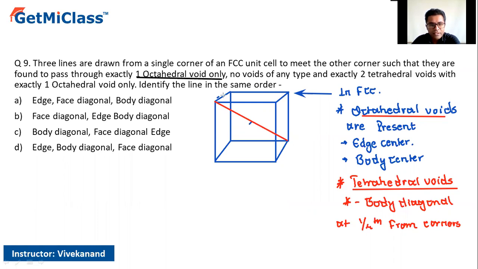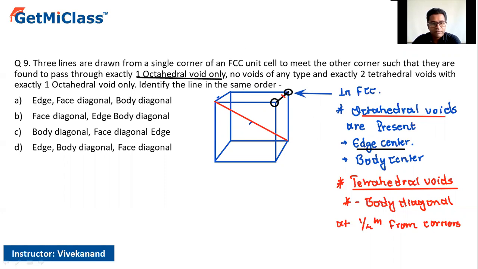Okay, so let's consider that this is one corner and this is the next corner. So if the line is passing through this point like this, naturally it comes across the octahedral void, and the octahedral void, as it is present along the edge center, that means at the center of this particular edge there is a presence of an octahedral void.